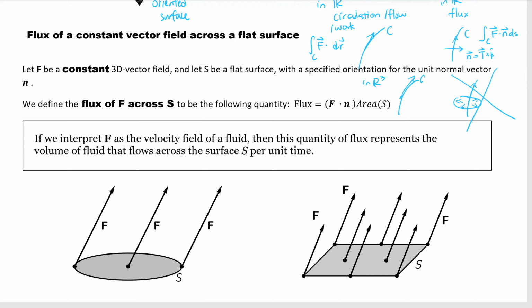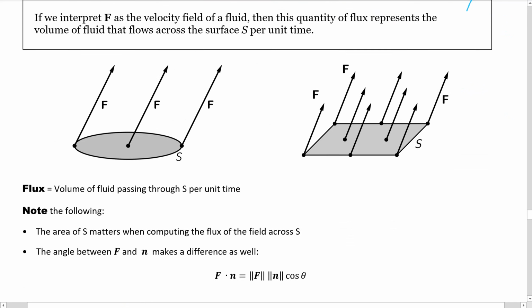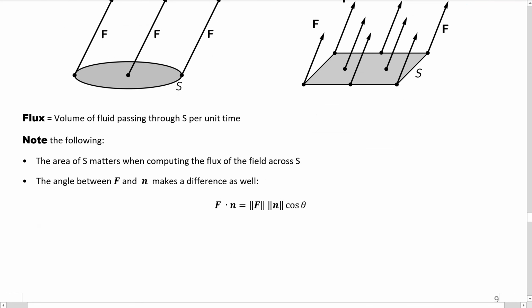This is a picture of how we measure how much the vector field is going across the surface S. So flux is the volume of fluid passing through the surface per unit time.